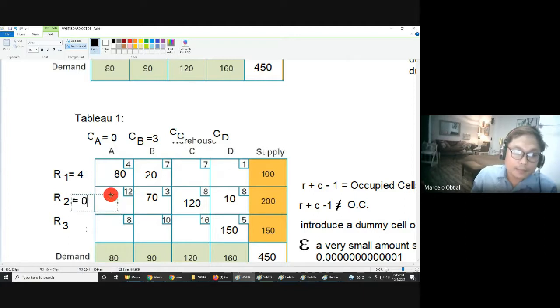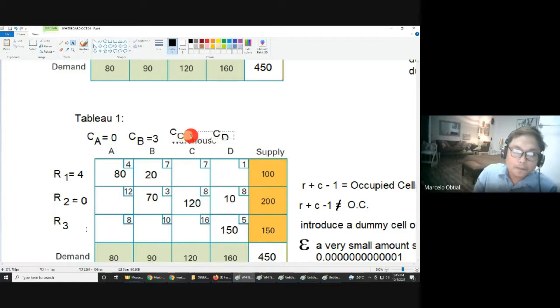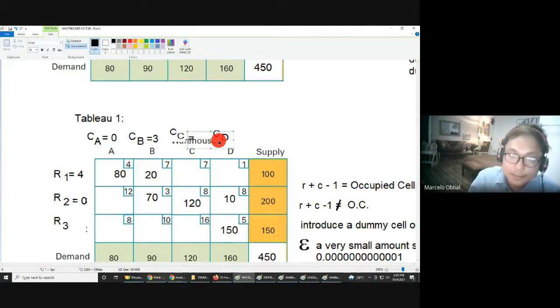Dapat ang movement natin merong laman. So kung mag-move ka sa may laman dito, hindi pwede. You can move here to solve for column index D. I think you can move also here. So dito na lang tayo. So 8 minus 0 will give us 8.